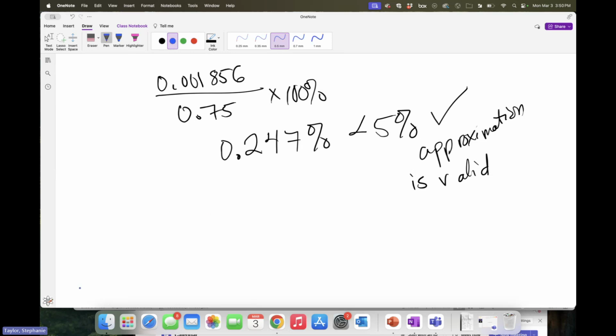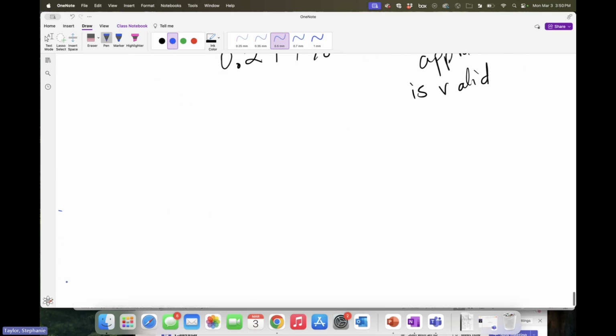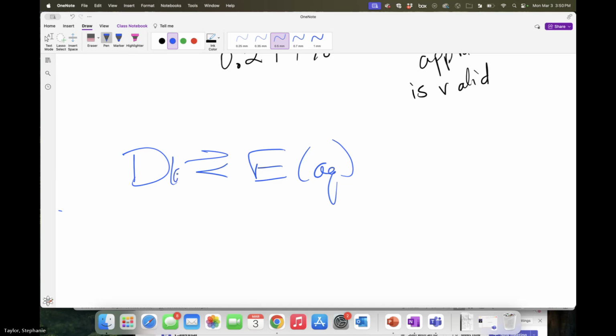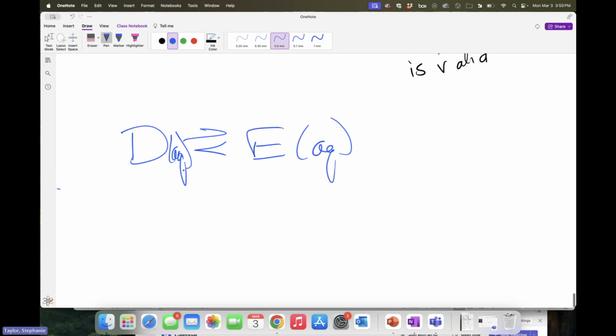Yes, I did have to think about this. So we are going to do something much simpler. We are just going to do D in equilibrium with E. These are both aqueous. All I have is two things.